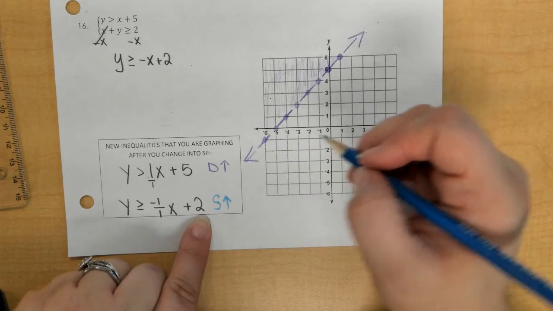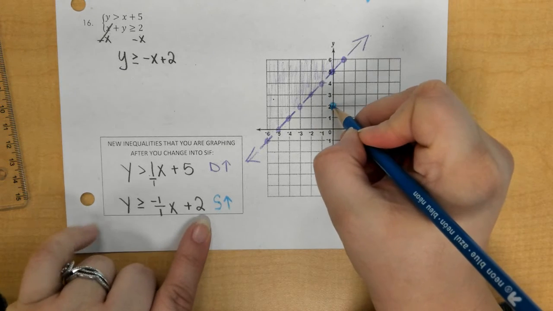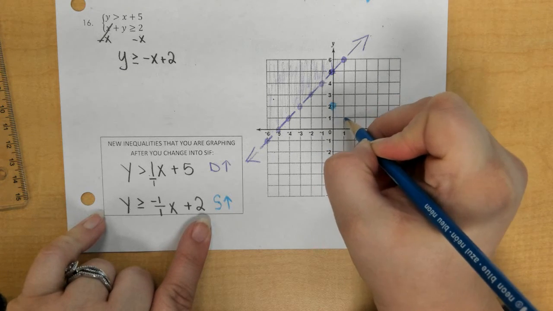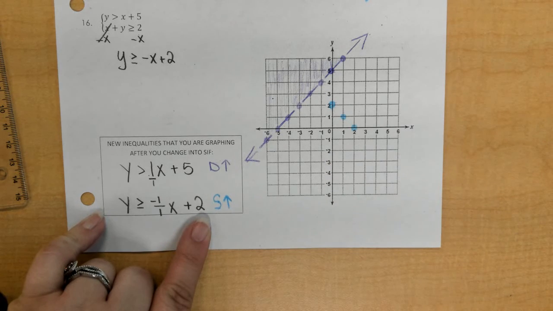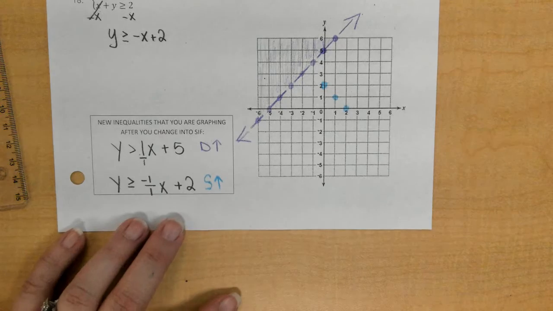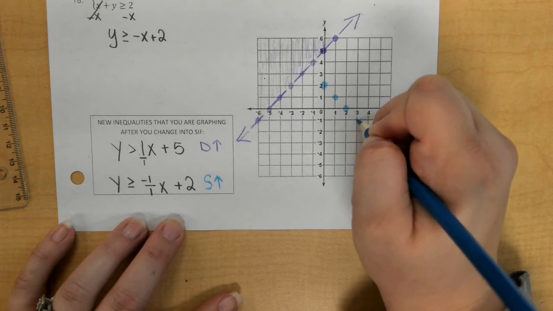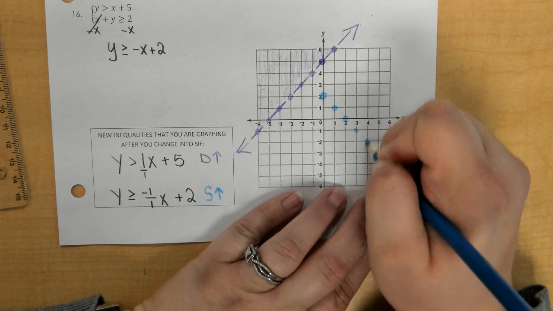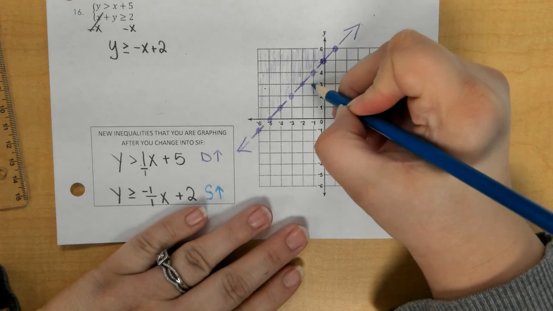For the second one, we start at positive 2. And we go down 1, right 1. So keep going down 1, right 1. Also going up 1, left 1.